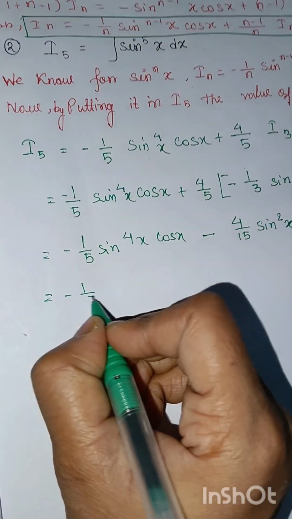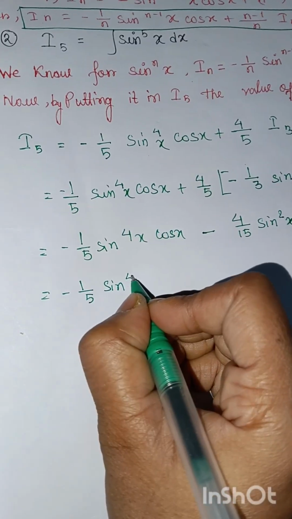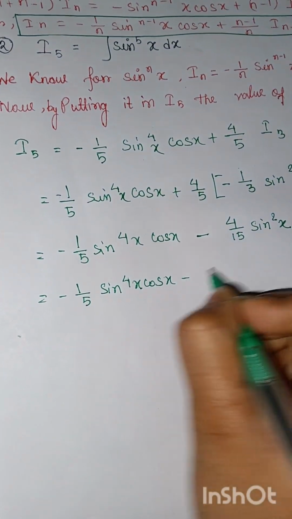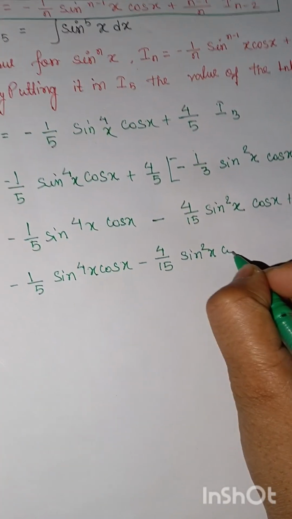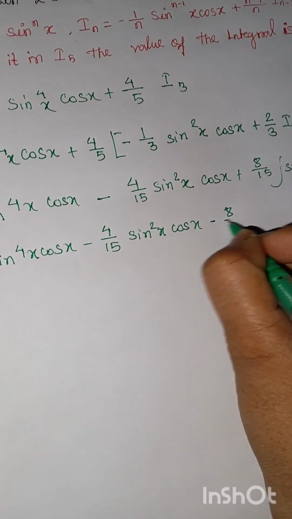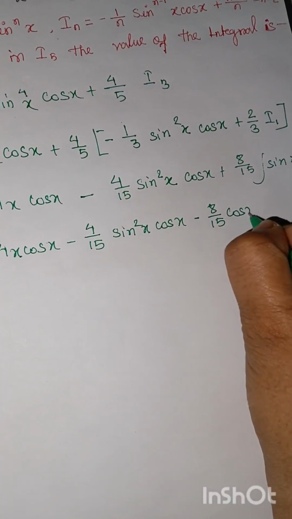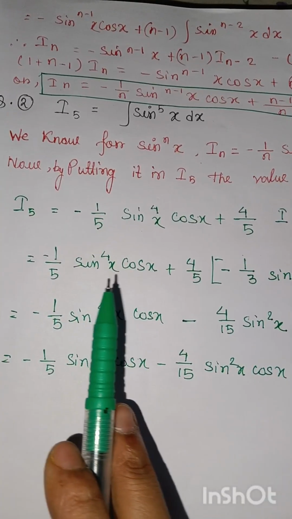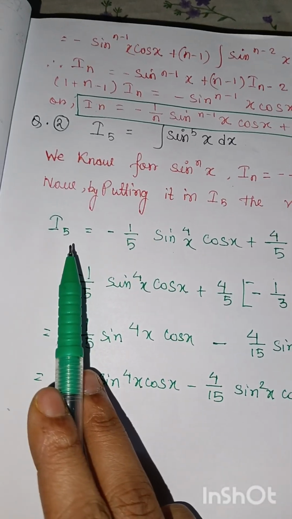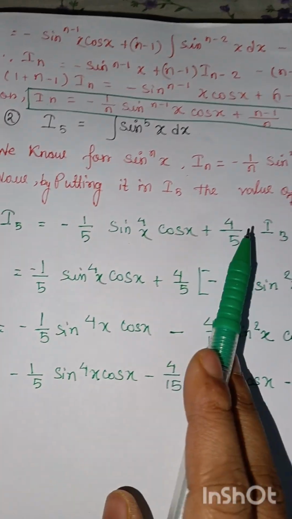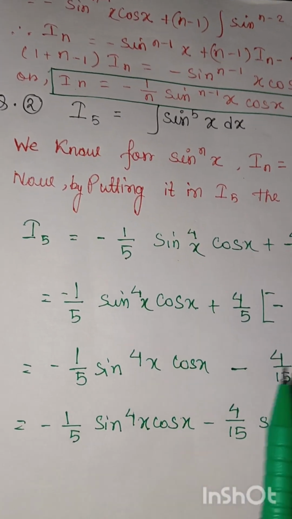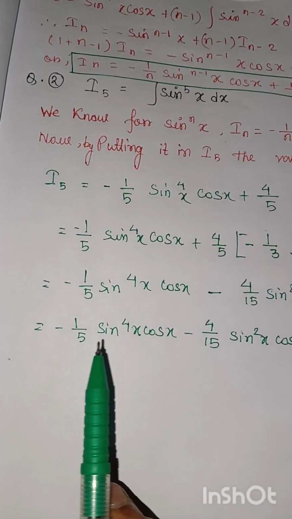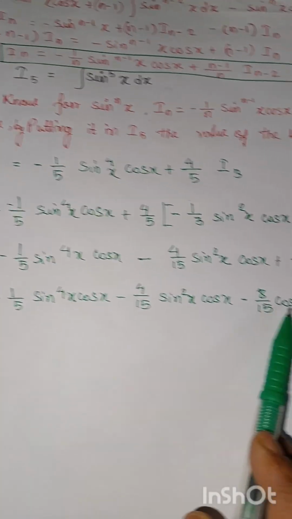Next, minus 1 by 5 sine to the power 4 x cos x minus 4 by 15 sine square x cos x minus 8 by 15 cos x. I am taking the lower power: that is I5, and I put in I3, then I2, and so on until the I vanishes from this equation. I solve this, and finally the equation is this.